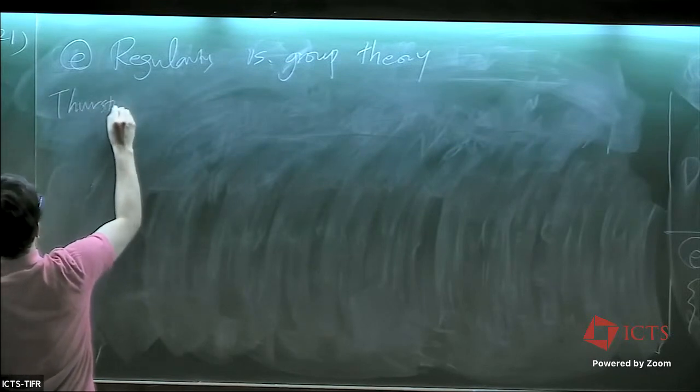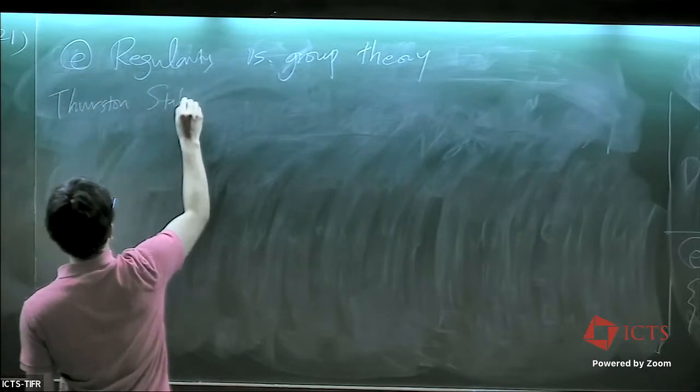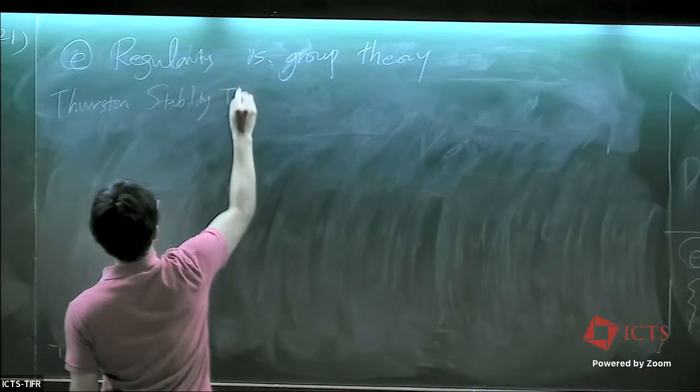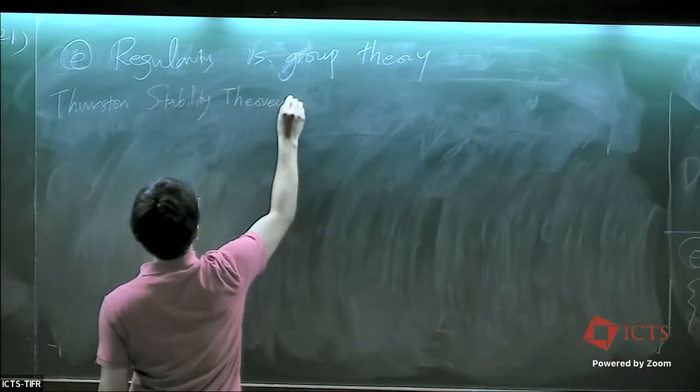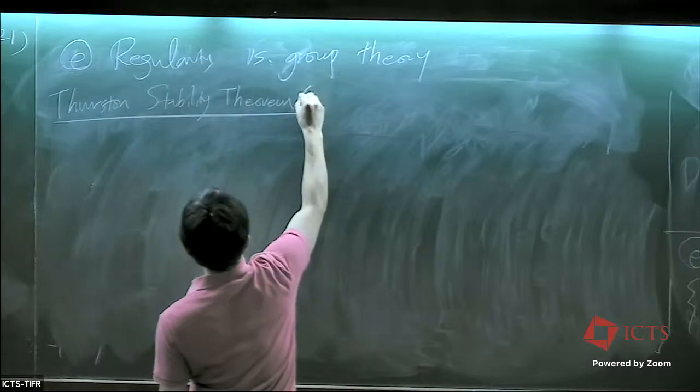There's a theorem called the Thurston stability theorem, about foliations, from 1974.